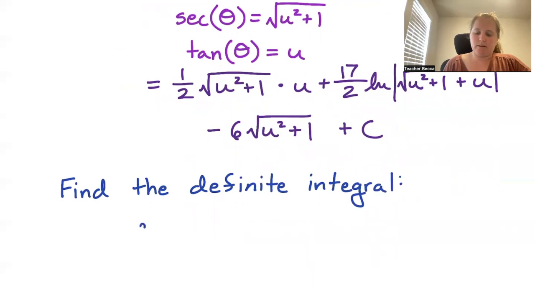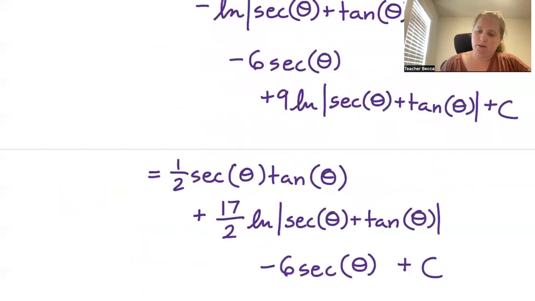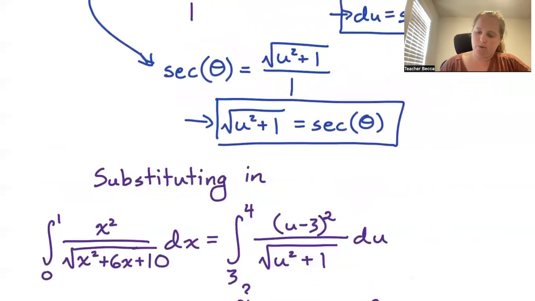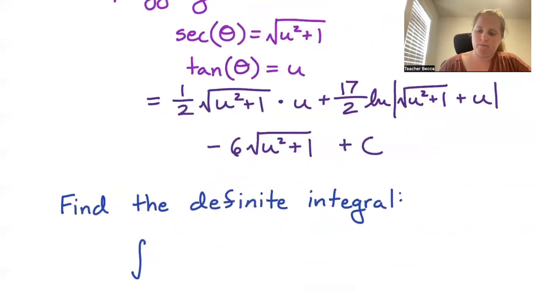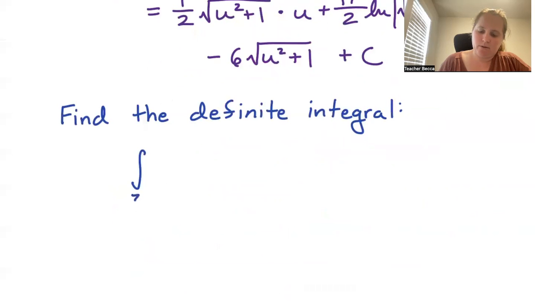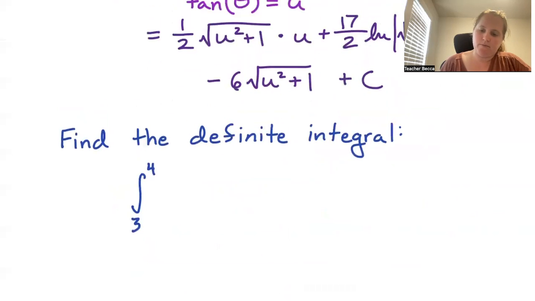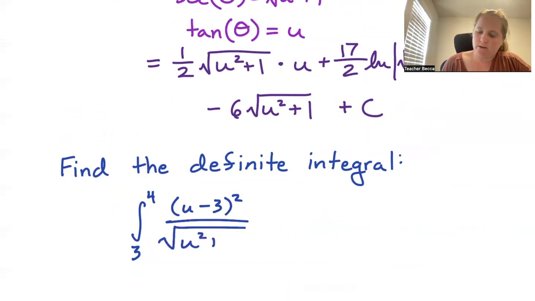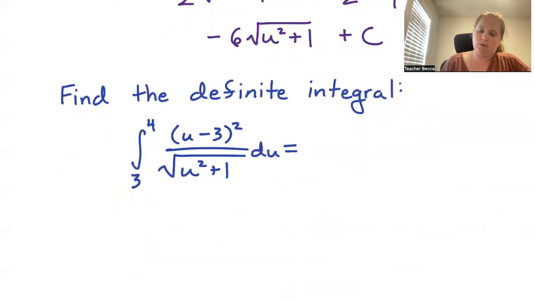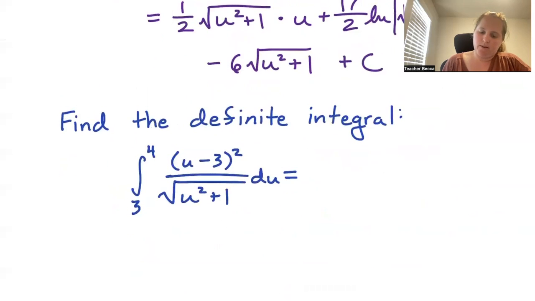So we were looking at the integral, for u's, it became the integral from 3 to 4 of u minus 3 squared over the square root of u squared plus 1 du. This is equal to that whole mess we just found.